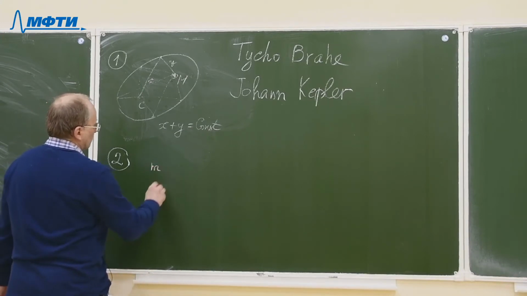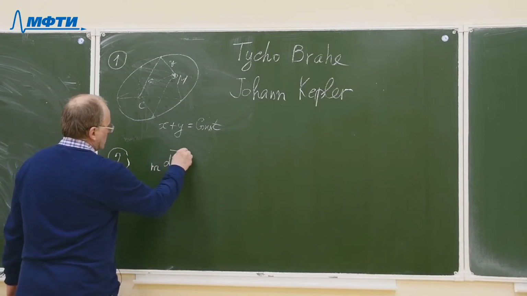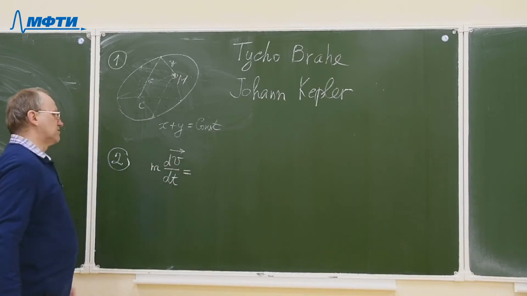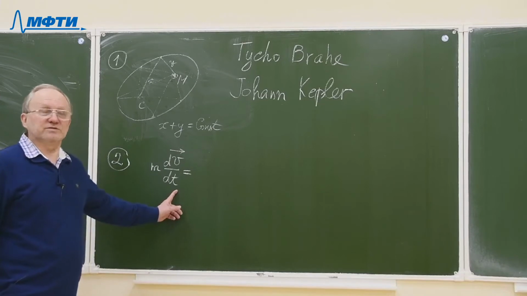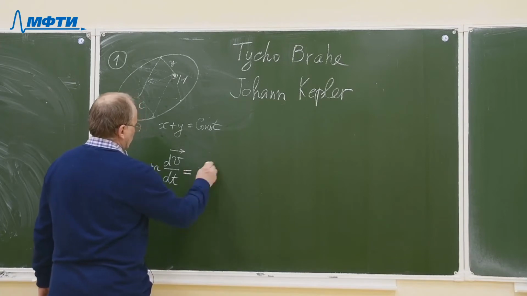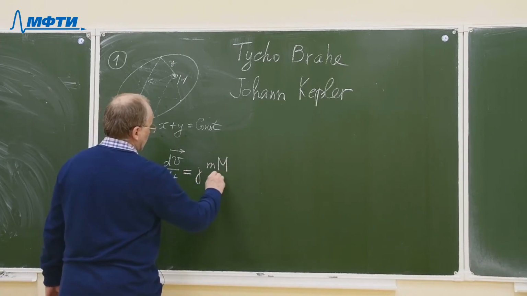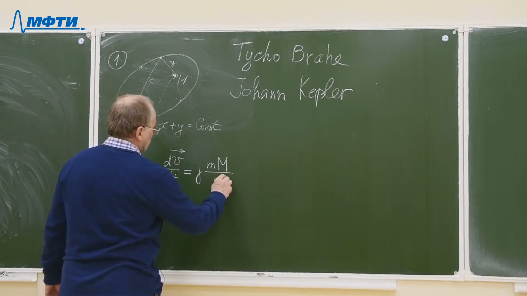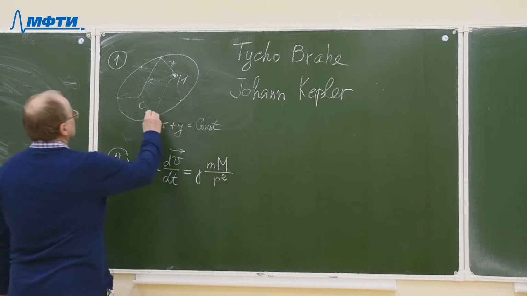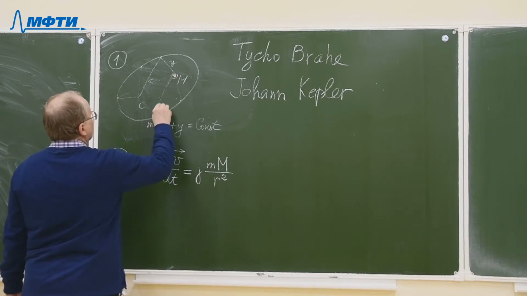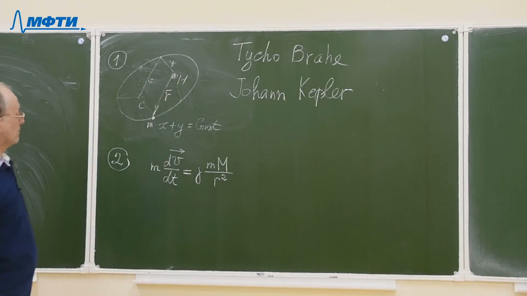We can take the mass of a planet and the acceleration of the planet. Mass times acceleration is the force acting on the planet. And the force is the universal gravitation constant, times the mass of the planet, small m, times capital M, the mass of the sun, the central gravitating body, divided by distance squared. The distance from the planet, here is the planet m, and the distance R from the central body.